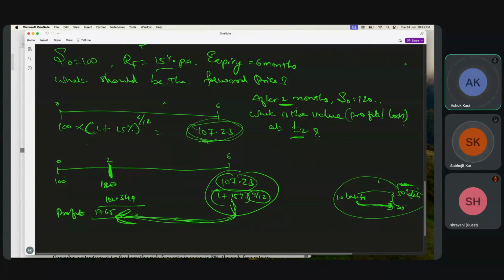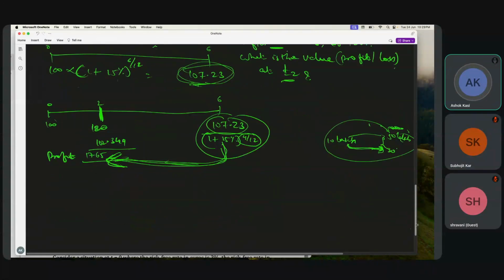Right now means at time 2. Is it okay? Fine. Understood this one? Yes, sir.